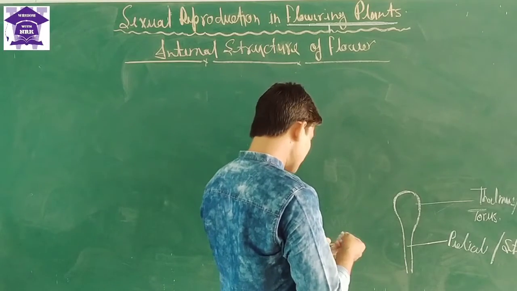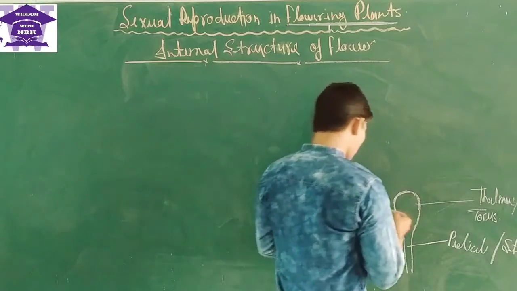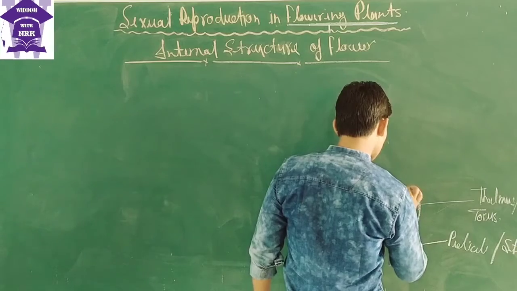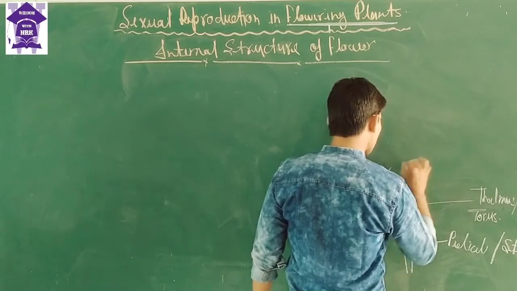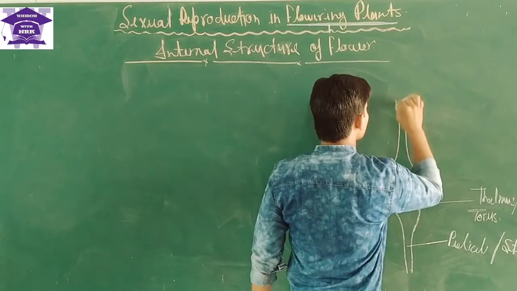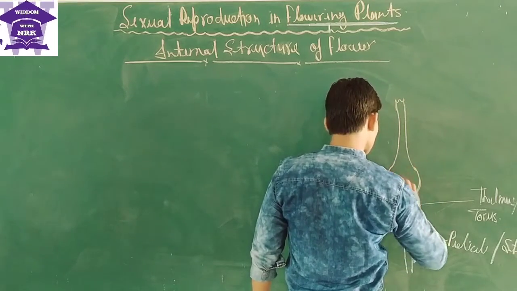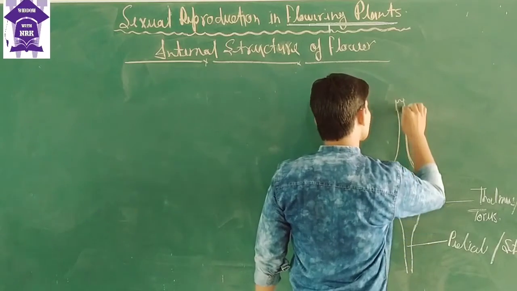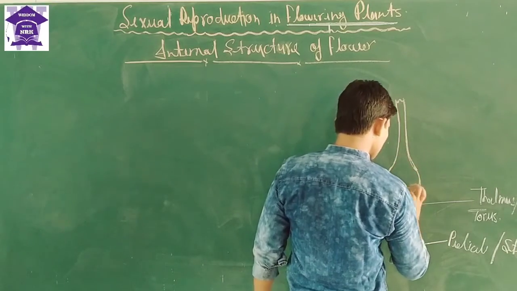On the thalamus there is a female reproductive part that is known as the pistil. The pistil has three main parts: stigma, style and ovary.